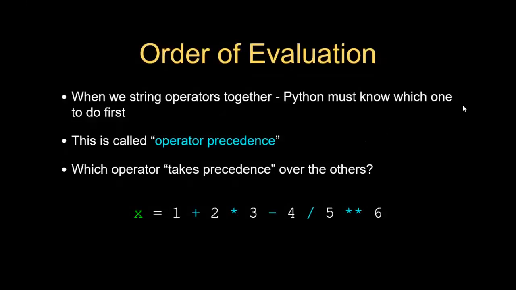Okay, order of evaluation. Again, most people would have learnt this at school. When we string operators together, Python must know which one to do first. Operator precedence, which I cannot remember. It's not what I called it at school, but it's because I'm old.